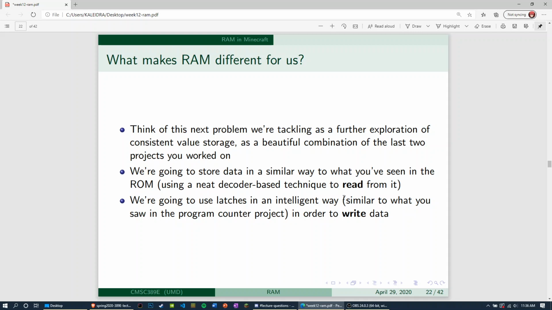I know I didn't put read here, but essentially it's that, right? So think of it this way. In that project we will be having all the torches on a redstone decoder. Now, instead of those torches, we will be putting down series of latches that will help us pull certain values from those registers. So hopefully that makes sense.